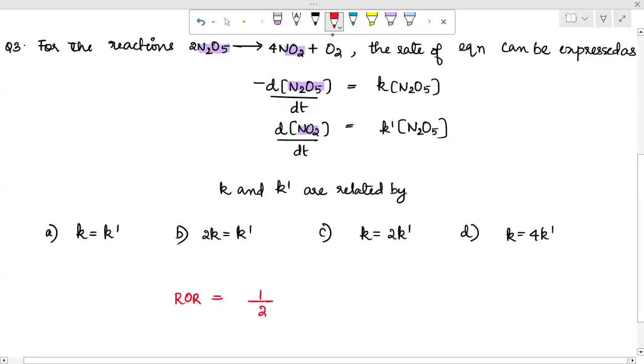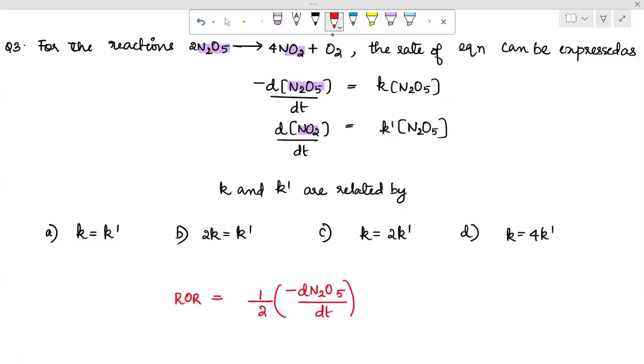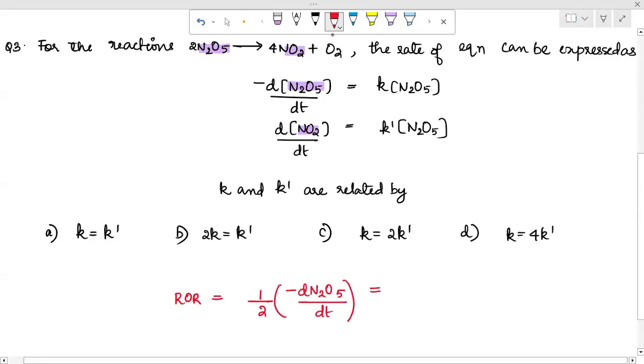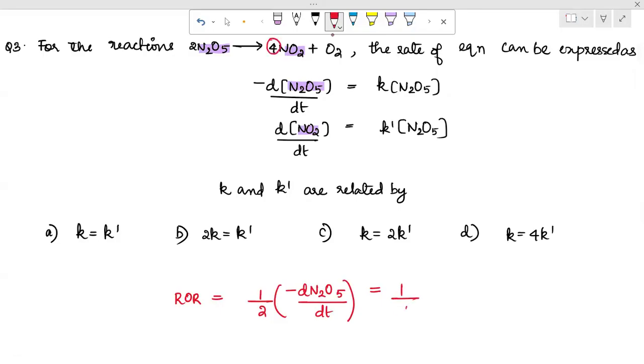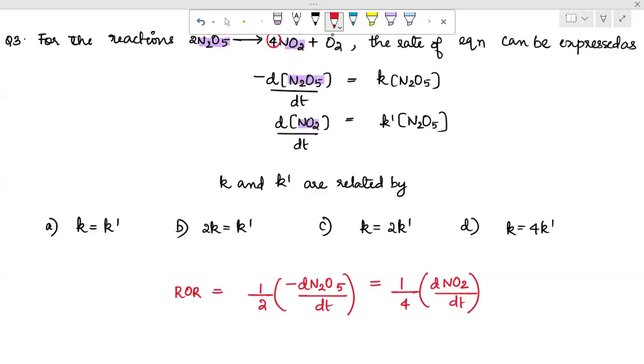So it's going to be 1 by 2, minus of dN2O5 by dt. Correct? This is equal to, and what is the rate expression based on NO2? It's going to be the reciprocal of its stoichiometric coefficient, which is 1 by 4, plus dNO2 by dt. Correct?